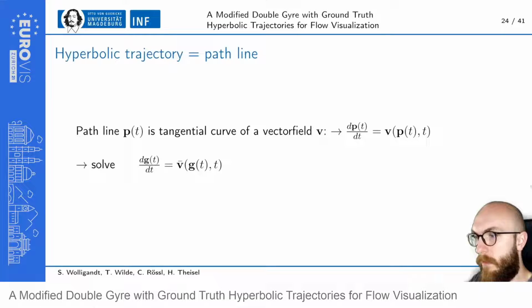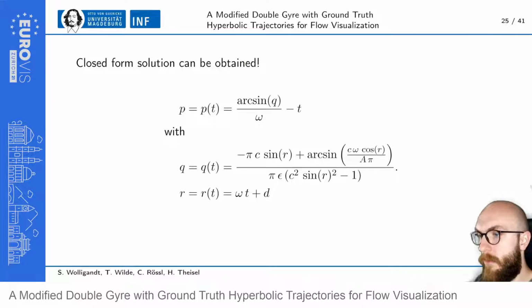We can plug in our g and v bar, where v bar is the reparametrized double gyre. And now we can solve this equation for p. And fortunately, there is a closed form solution which looks like this. That means that g is a path line of the modified double gyre.